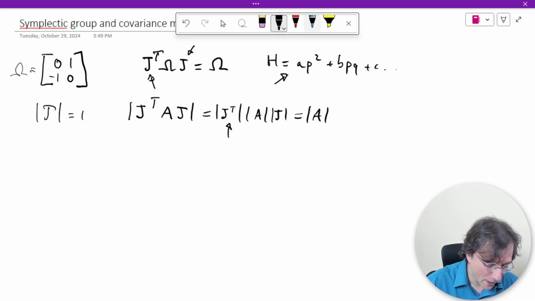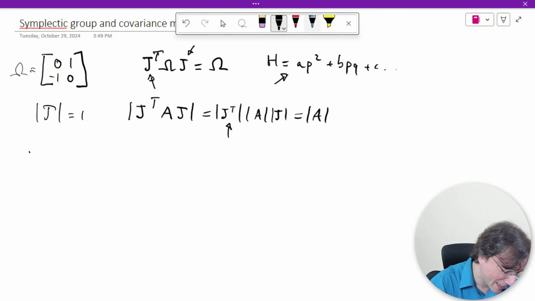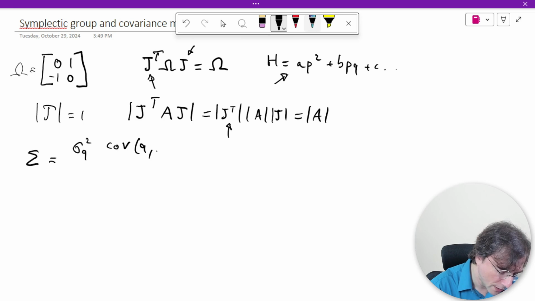And so what happens then if we have a covariance matrix, and the covariance matrix is defined as the variance of Q squared, the covariance of QP, and then the covariance of PQ, and then the variance of P squared.